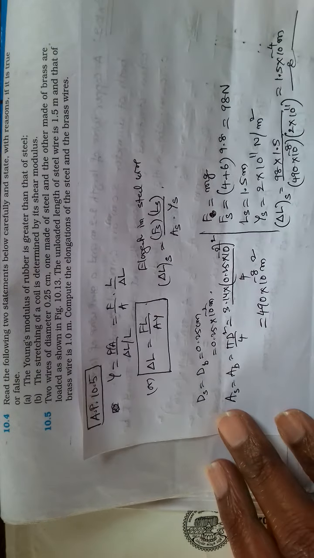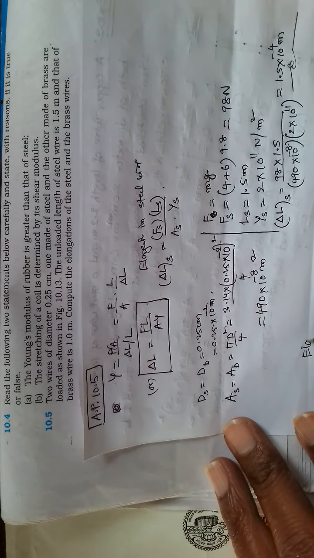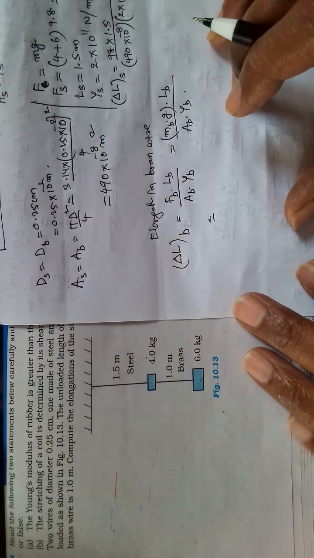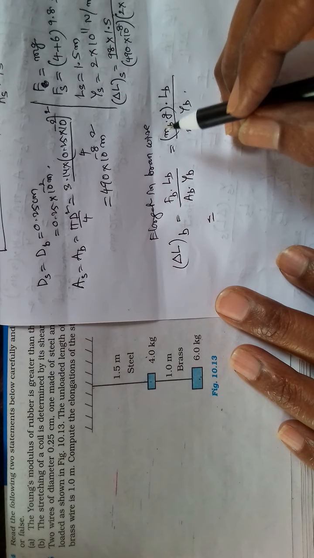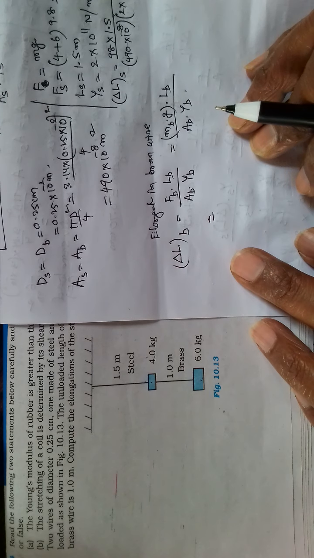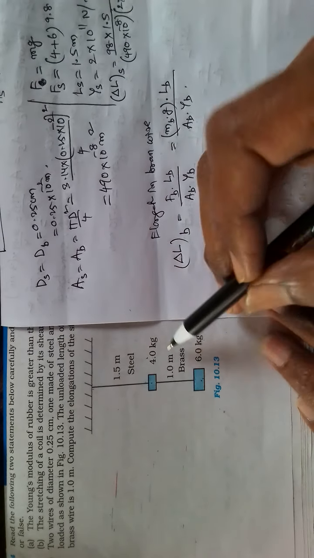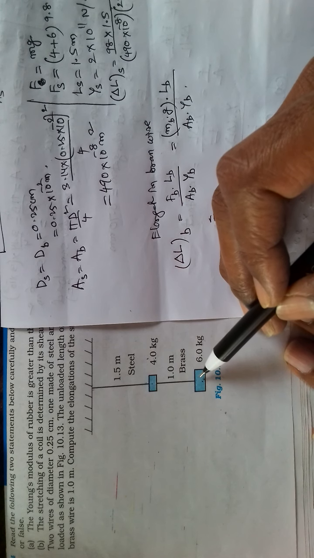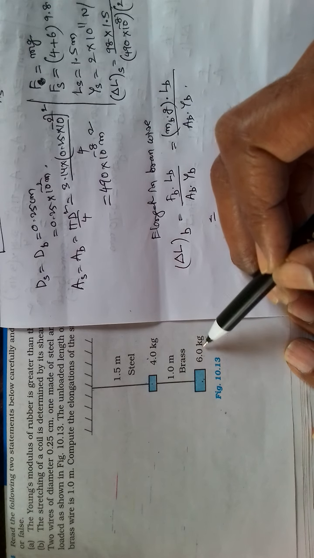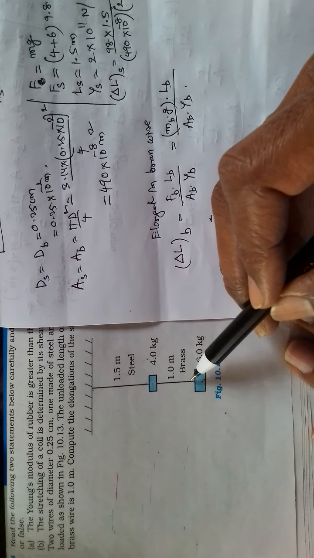Next we have to calculate for brass wire. So the same formula, elongation, the formula is ready. Now you want to find the elongation in brass. So here only the 6 kg mass, the force due to the 6 kg mass will be elongating the brass wire.